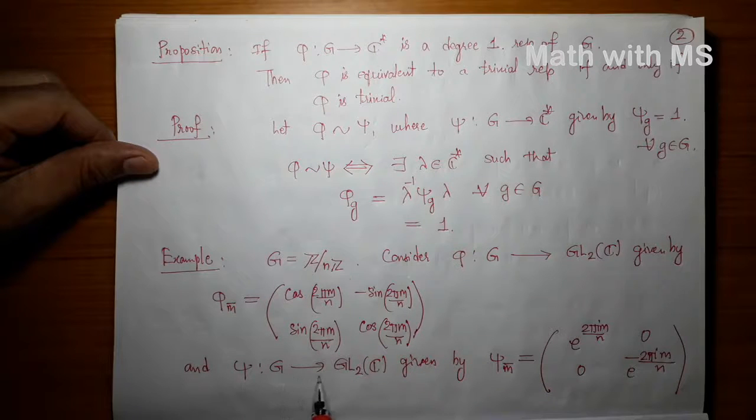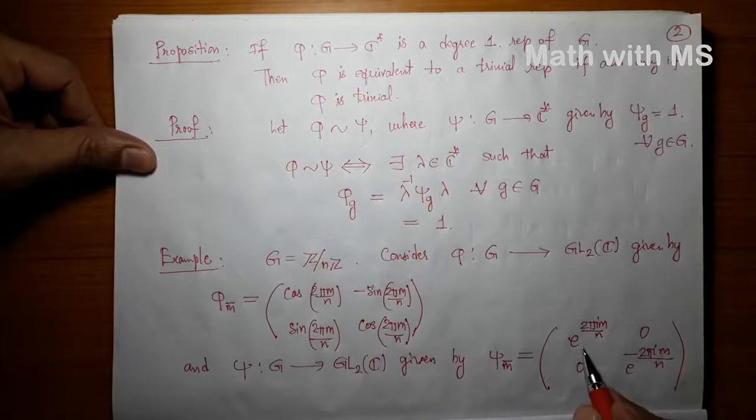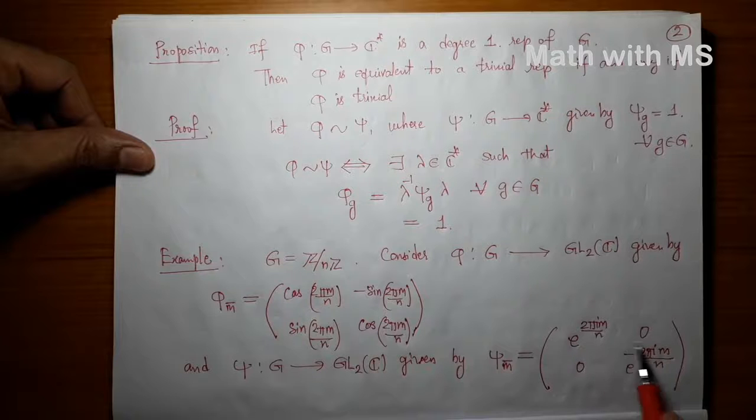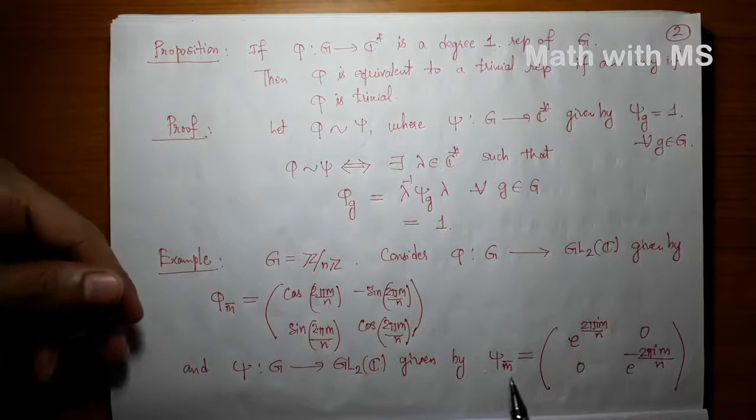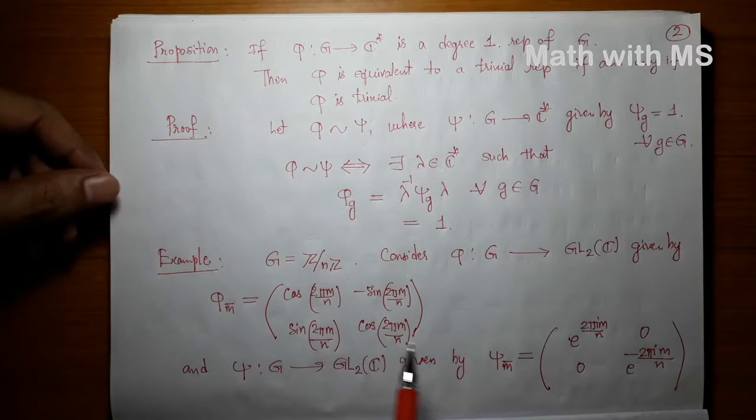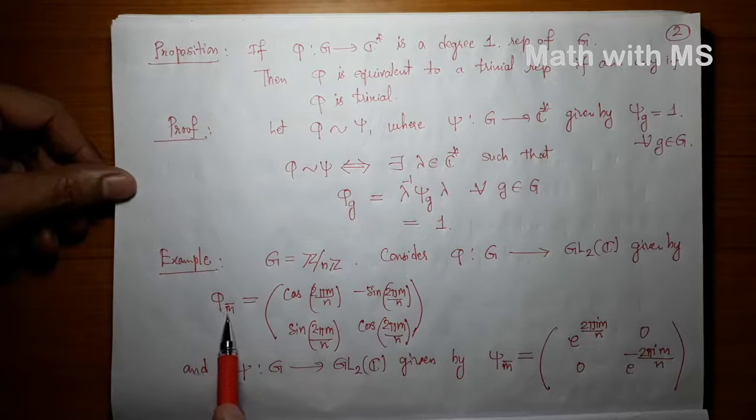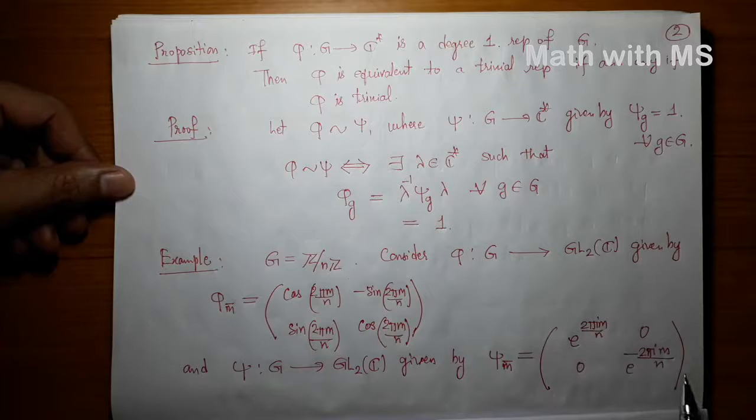And psi from G to GL2(C) is given by psi of m bar equal to a diagonal matrix, e to the power 2 pi i m by n, 0, 0, e to the power minus 2 pi i m by n. As maps they are certainly different: phi for each m bar gives you this matrix, whereas psi for each m bar gives you a diagonal matrix. My claim is they are actually equivalent.